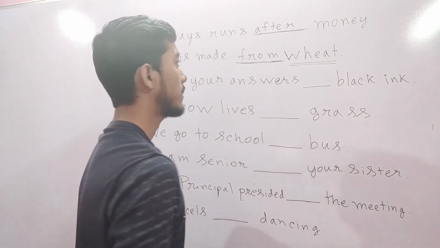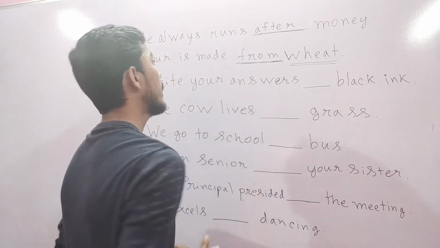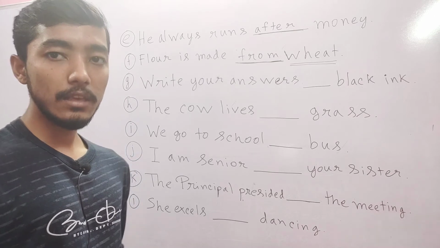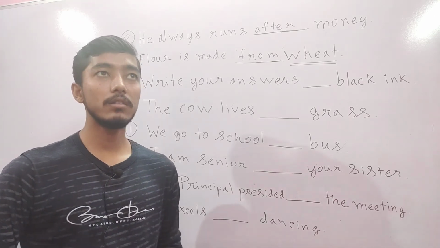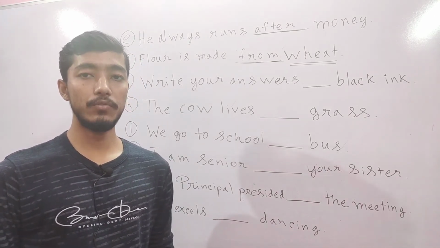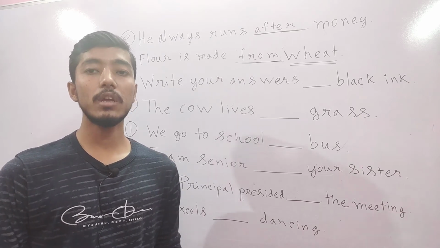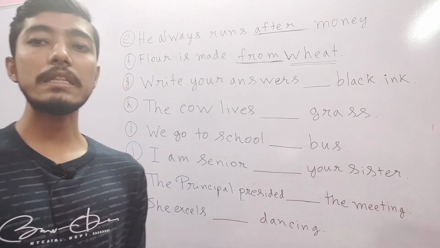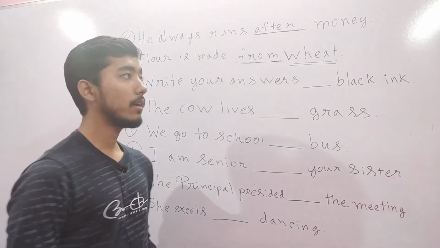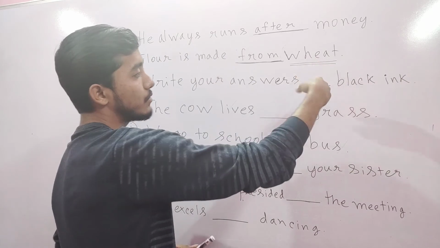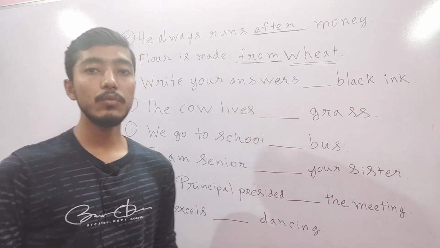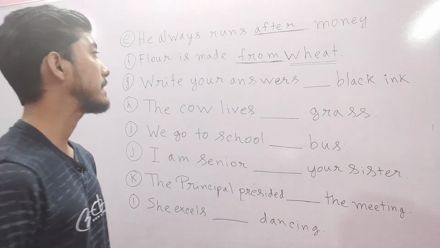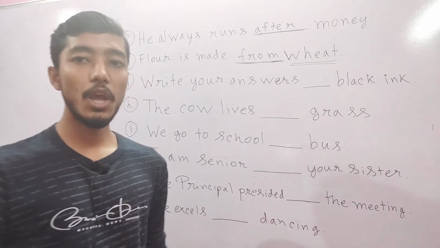But we have to write of if the sentence is like this: the ring is made of gold. Here gold does not undergo any physical change. So always remember, when the thing which is mentioned undergoes a physical change, then we have to write from, and if it does not undergo any physical change, we have to write of.